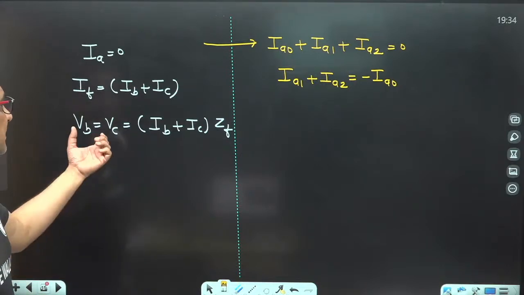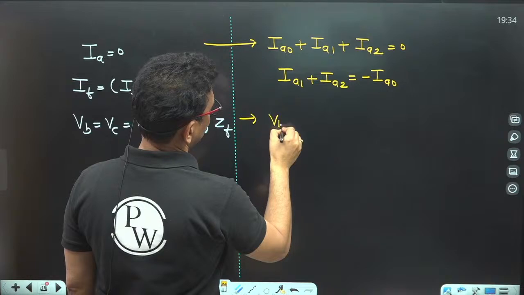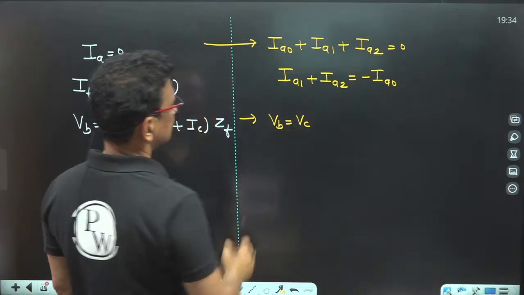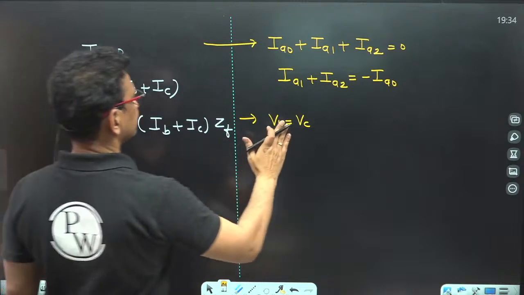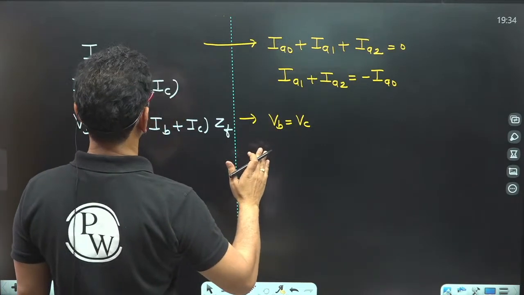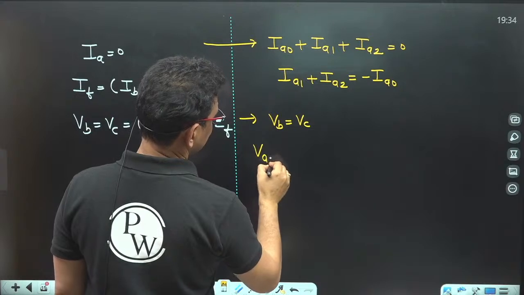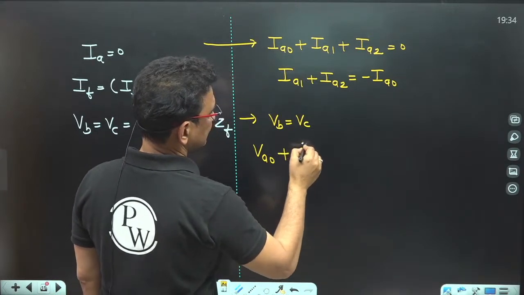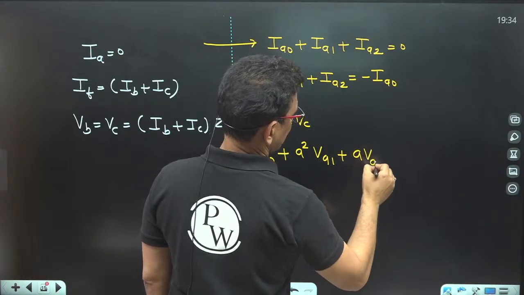Now, VB is equivalent to VC. First find out VB. VB is VA0 plus A square VA1 plus A into VA2.